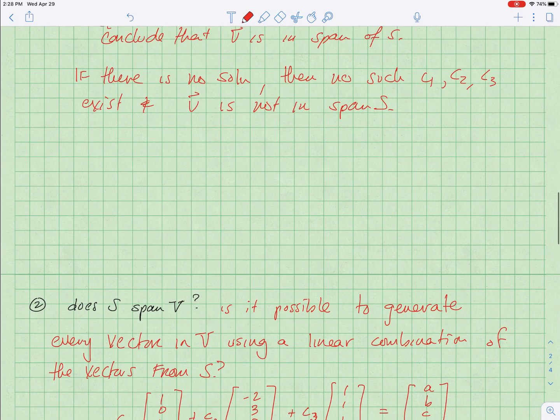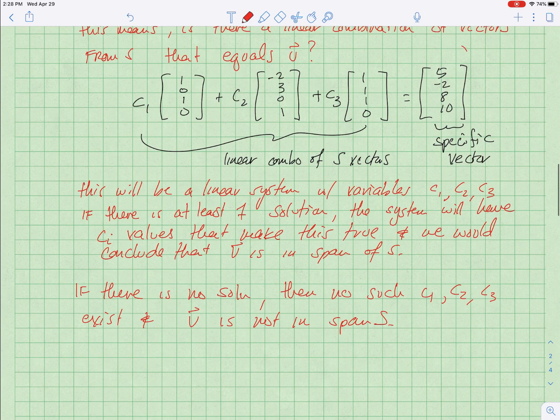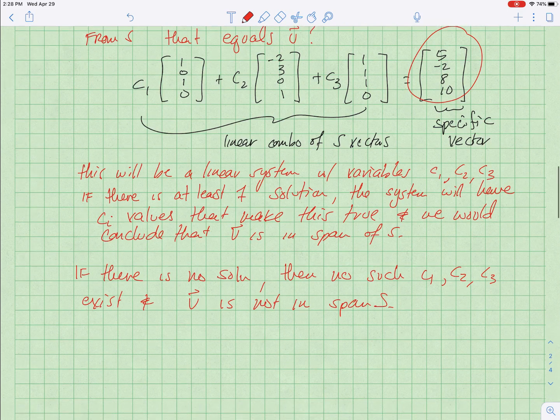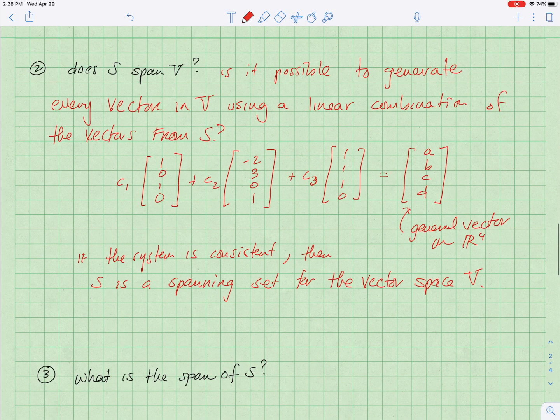In the previous one, we're talking about whether it is possible to build one specific vector, and then that vector is in the span of S. But here we're talking about whether or not we can build every possible vector in V, in which case we refer to S as a spanning set.